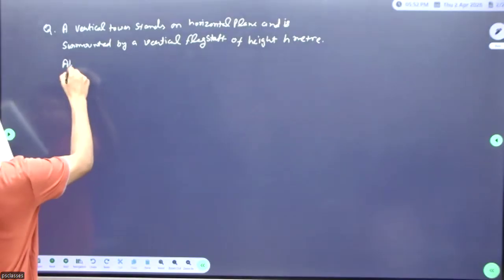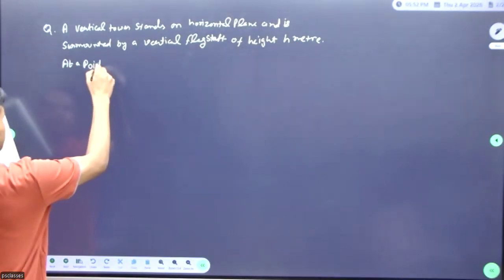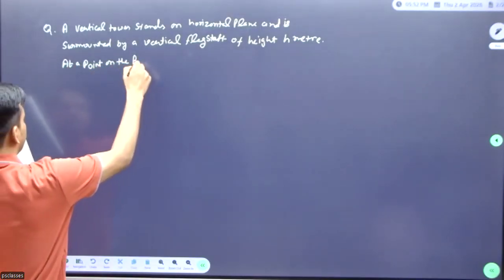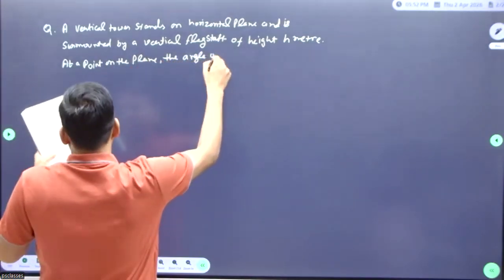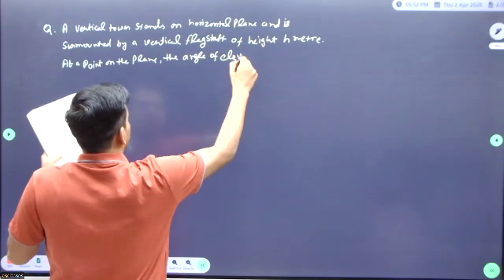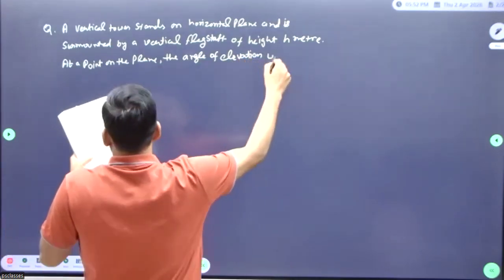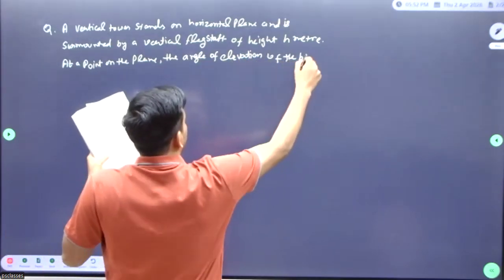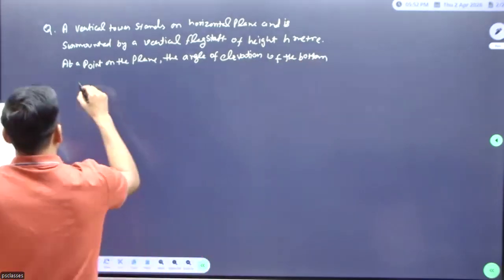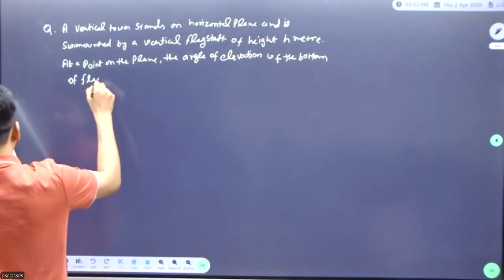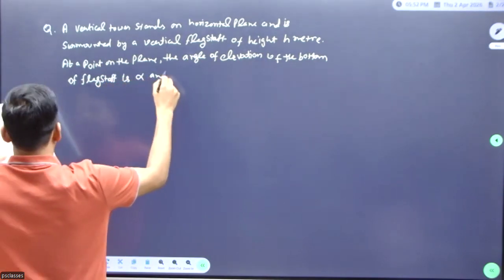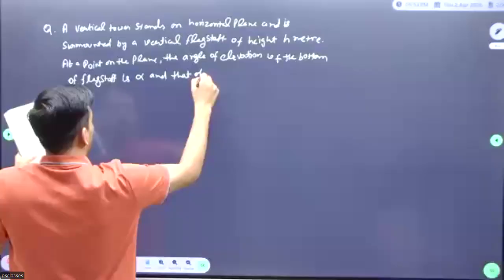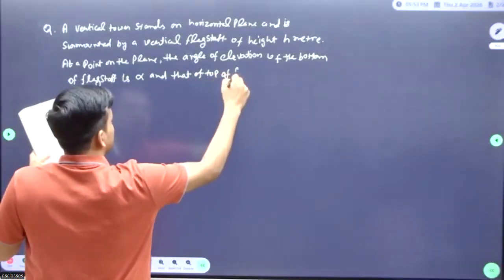At a point on plane, the angle of elevation of the bottom of flagstaff is alpha and that of top of flagstaff is beta.